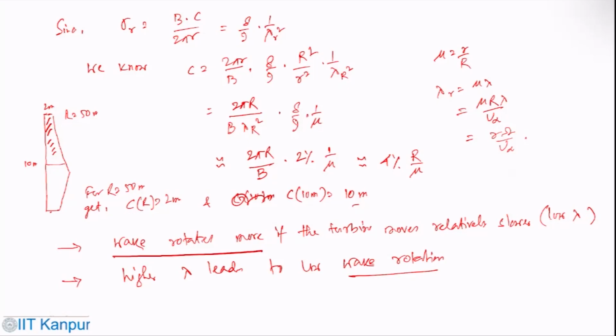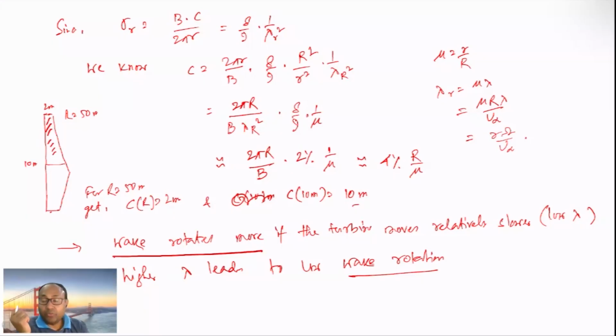What you get from here is that the wake rotates more when the turbine moves relatively slower, and that is happening towards the hub, which is this portion close to the hub, and always towards the tip it rotates more, so the wake rotation would be less.